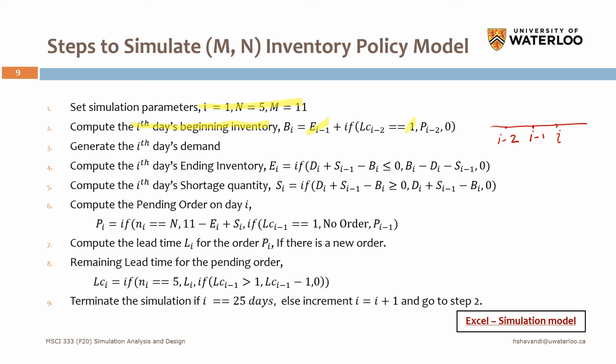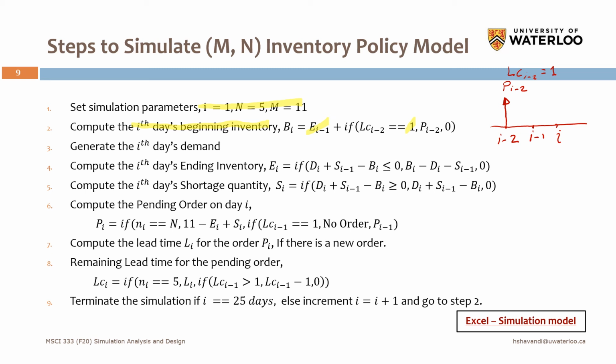Let's say here at I minus 2, we have P(I-2), a pending order, and we assume that the LC, I mean the remaining days in lead time, is 1.